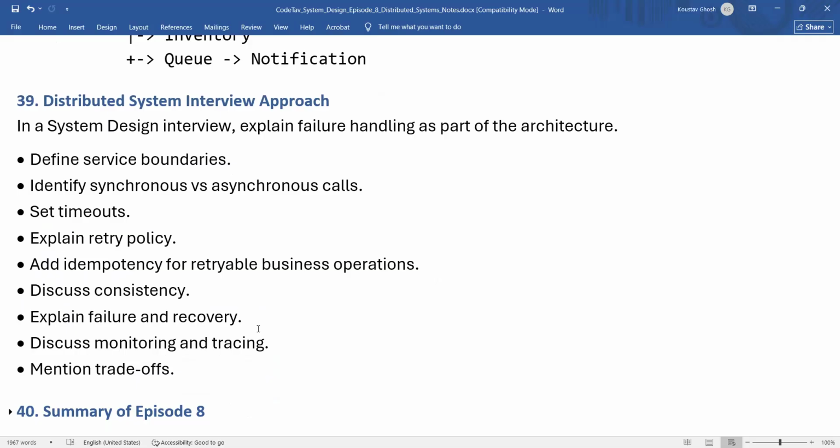What should we do? Do we need to implement retry or not? How many times? Should we use exponential backoff? Is the operation idempotent? Do we need strong consistency? Can we use asynchronous processing? Do we need a circuit breaker really? How will we monitor the failure? So this approach makes your system design answer much stronger.